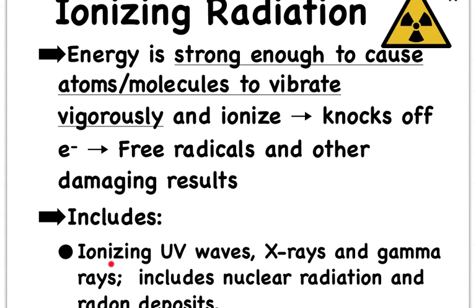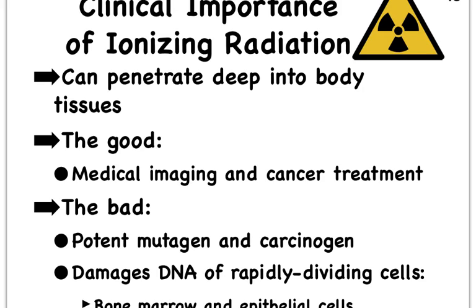And then we mentioned earlier that UV rays can actually make it into the ionizing radiation level. So because this ionizing radiation can indeed penetrate deep within the body, it allows us to do medical imaging. It allows us to use a form of radiation to treat cancer patients.